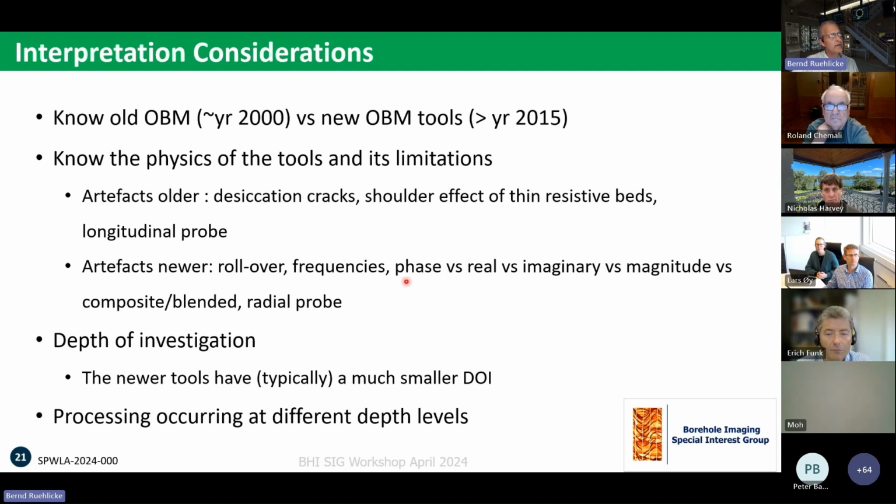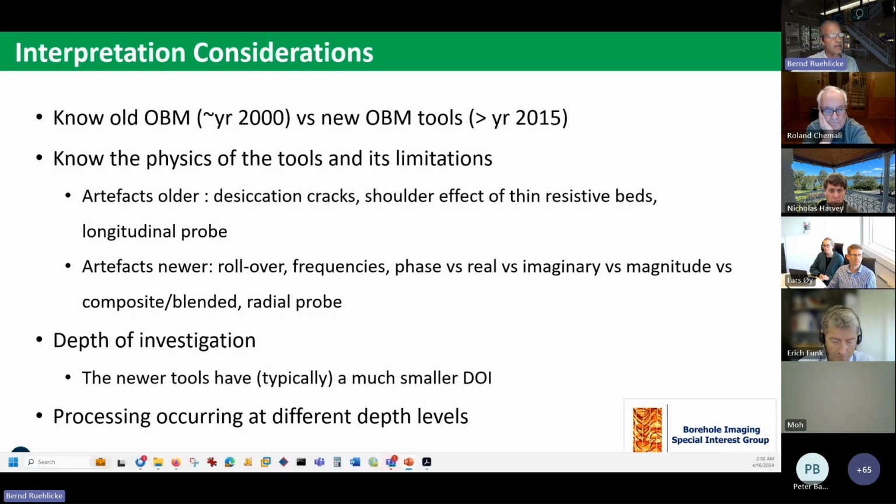We have more data. We have phase versus real versus imaginary versus magnitude versus composite. Blended is the word used, where different suppliers use different frequencies and blend them together. If you have a variation of not just low resistivity rock or high resistivity rock, but you go through a change of high to low resistivity rock, like this one example I showed.